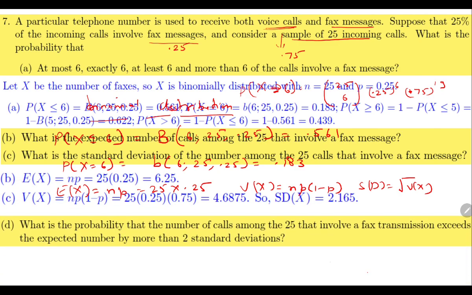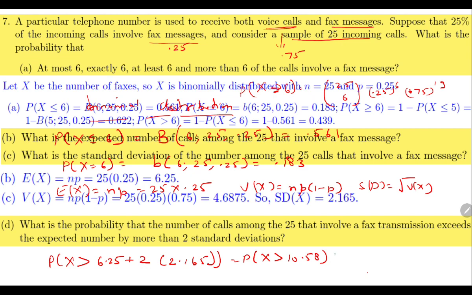The last part asks what is the probability that the number of calls that involve a fax transmission exceeds the expected number by more than twice the standard deviation. So probability of x greater than expectation of x plus twice the standard deviation, which is 6.25 plus twice the standard deviation, which means you are looking for probability of x greater than 10.58.